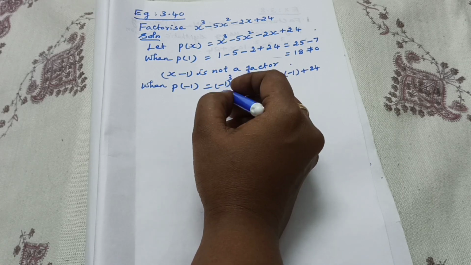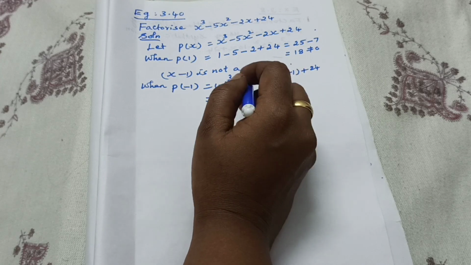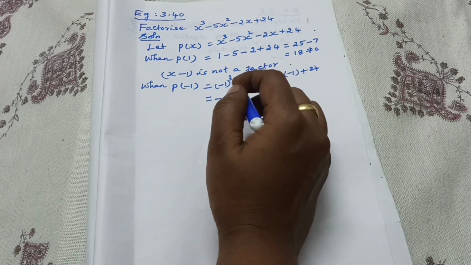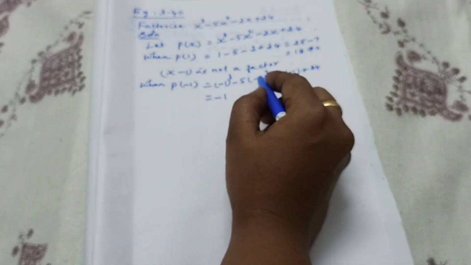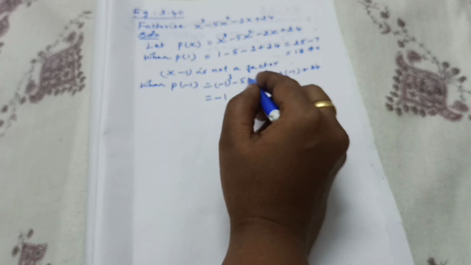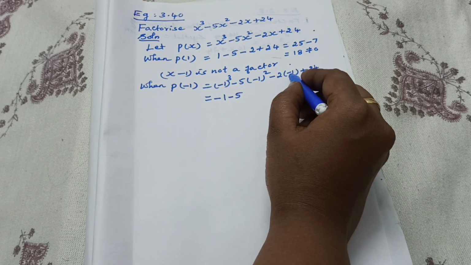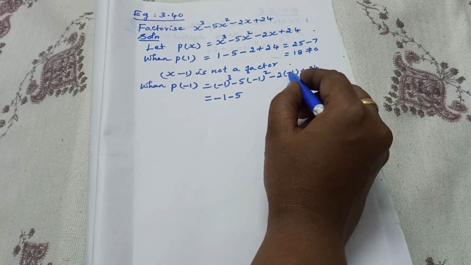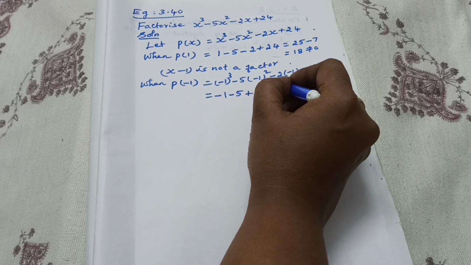Correct? Here the cube is an odd power, so usually we will get minus only. Minus 1 into minus 1 is plus 1, plus 1 into minus 1 is minus 1. Then afterwards here minus 1 into minus 1 is 1, and 1 into minus 5 is minus 5. Minus 2 into minus 1 is plus 2, plus 24.